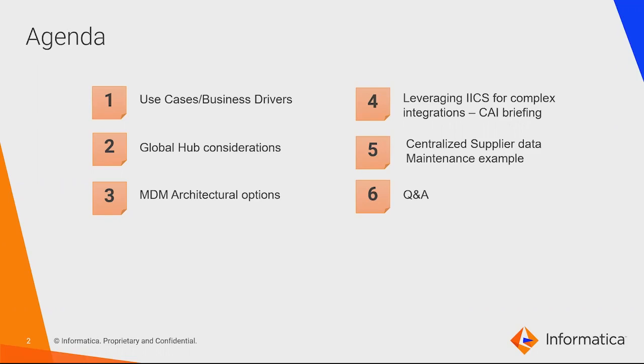We'll then jump into the integration portion, and for the purpose of this webinar, we'll mainly focus on the IICS cloud application integration capabilities. We'll go with a briefing and then review how it was done for one of our customers. We'll share some artifacts so that you can visualize the approach. At the end, we'll open up for questions and answers.